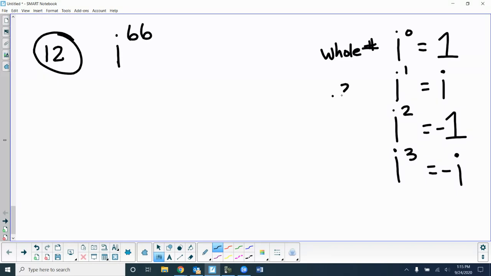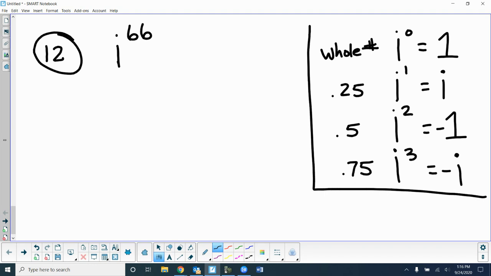You're looking for a 0.25 in your answer if the remainder is 1, because that's 1/4. You're looking for a 0.5 for a remainder of 2, 2/4 is a half, and for a remainder of 3, your decimal would be 0.75 if you're using a calculator. So that's a little table that I told you to memorize.